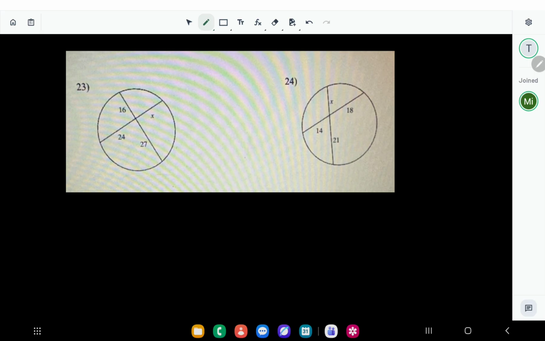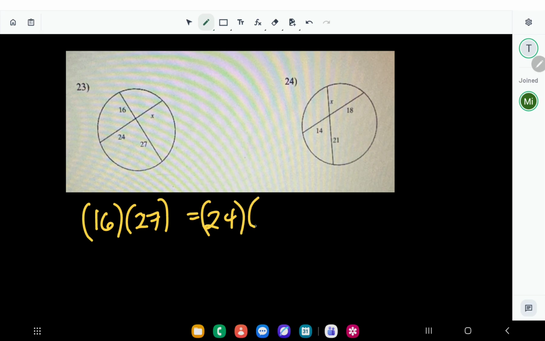So we multiply 16 and 27 equals 24 times x. So 16 times 27, this is 432 equals 24x.